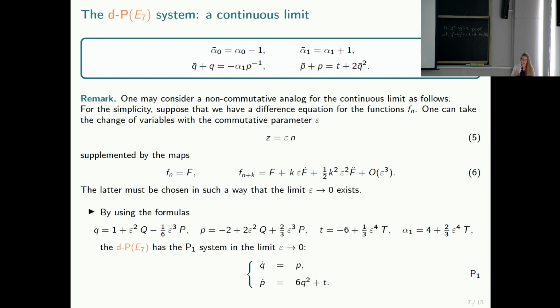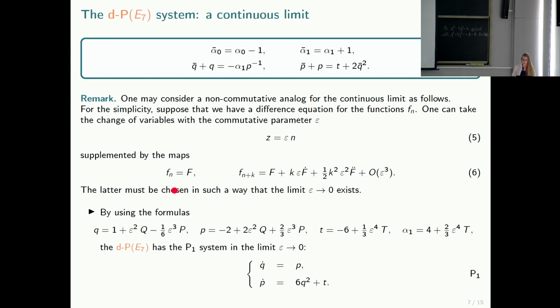Next question is related to the continuous limit. One can also consider a non-commutative analog of the continuous limit. We introduce this change of variable with the commutative parameter epsilon, and we need to supplement it by these maps.